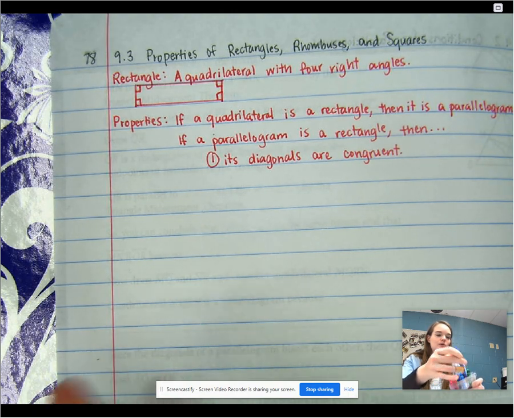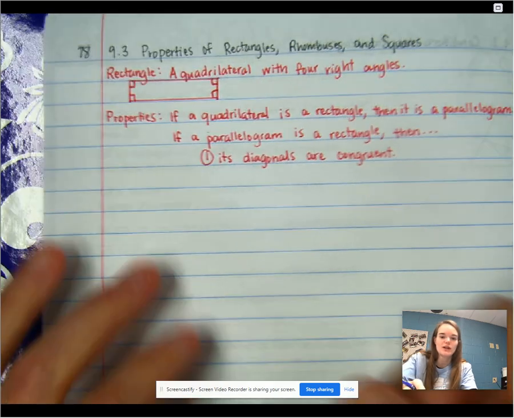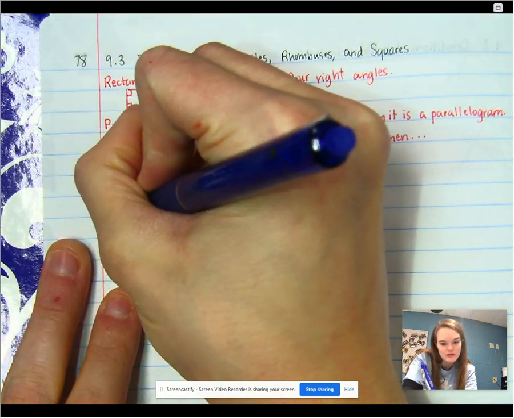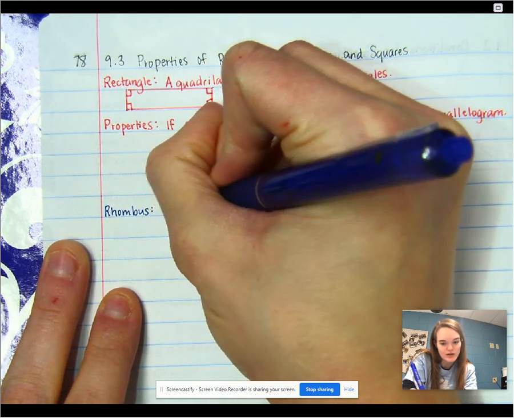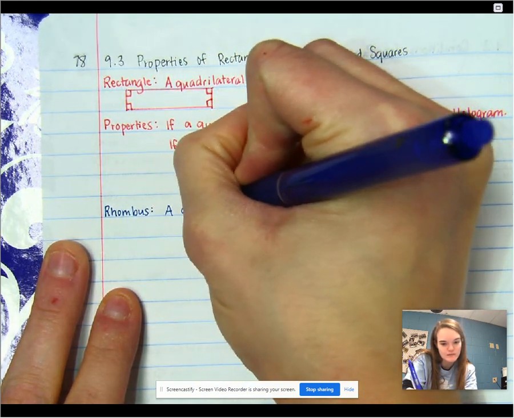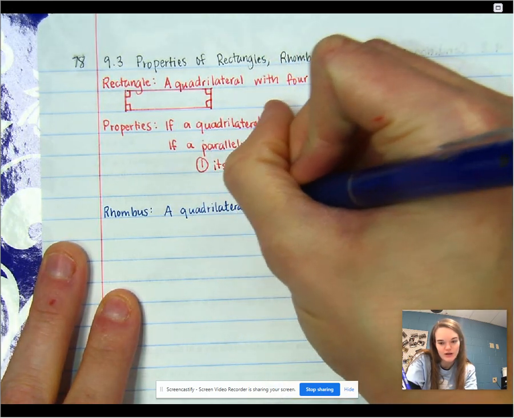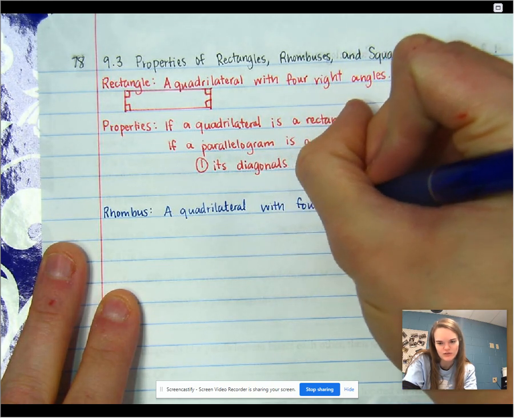Let's talk about a rhombus. You're probably familiar with a rhombus being a diamond shape is what you're used to. A rhombus, the definition is it's a quadrilateral with 4 congruent sides, and that's it. That's what the definition is.